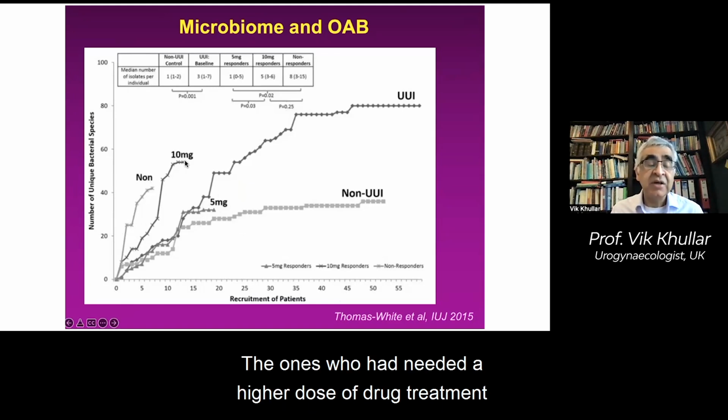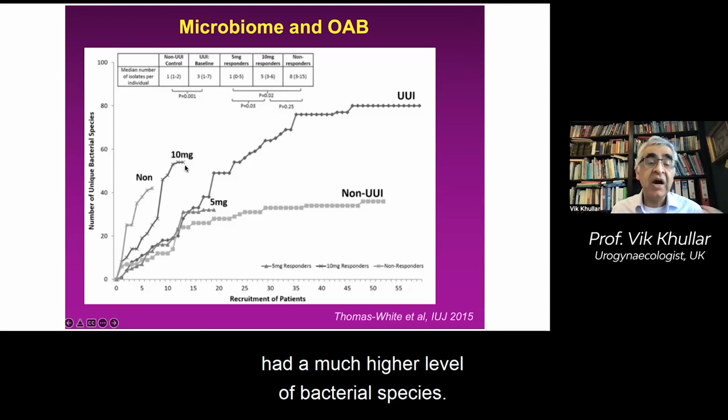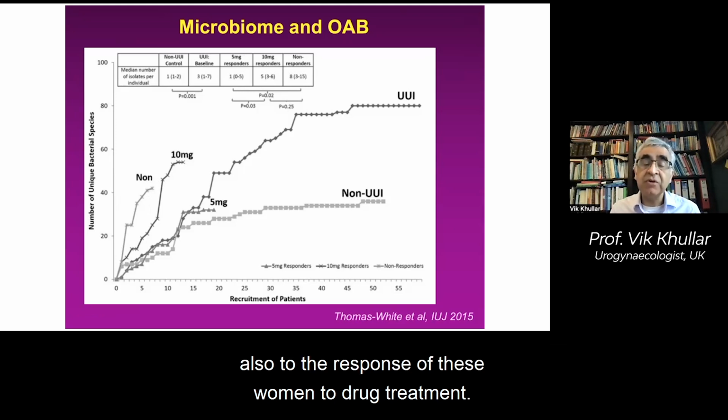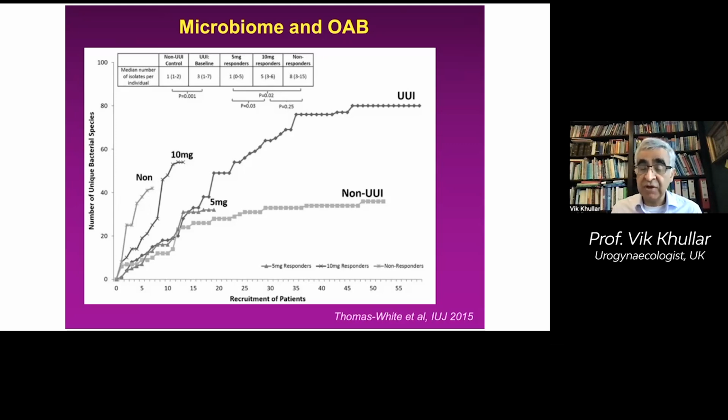The ones who needed a higher dose of drug treatment had a much higher level of bacterial species. And those who did not respond had an even higher diversity of bacteria. So diversity appears to be related also to the response of these women to drug treatment.